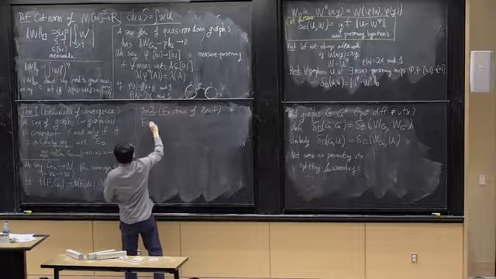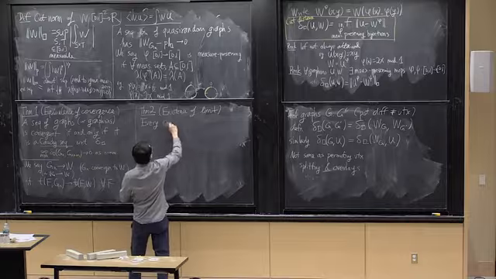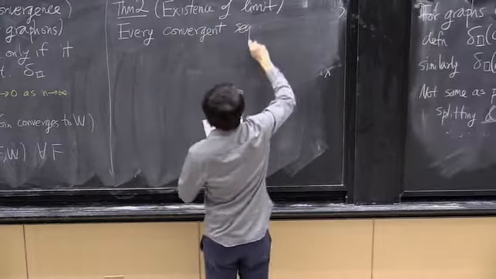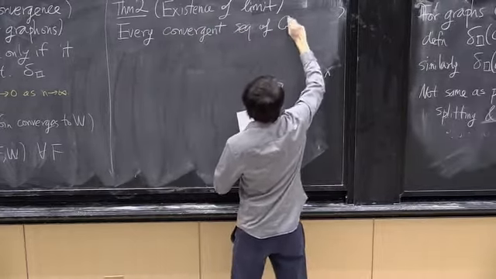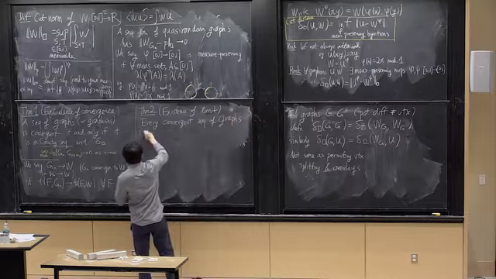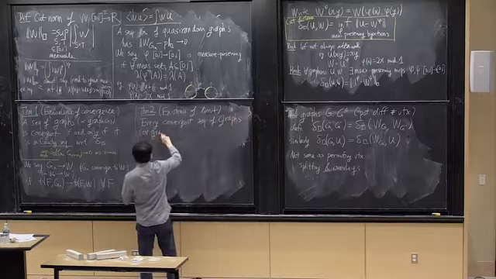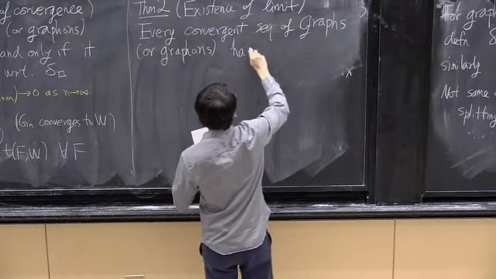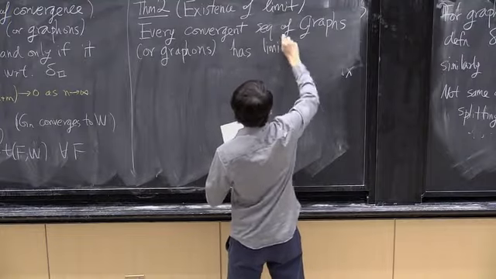Okay, so the statement is that every convergent sequence of graphs or graphons has a limit graphon.